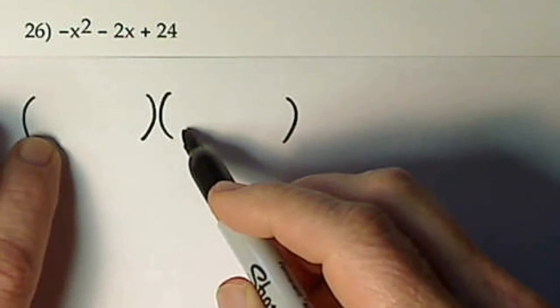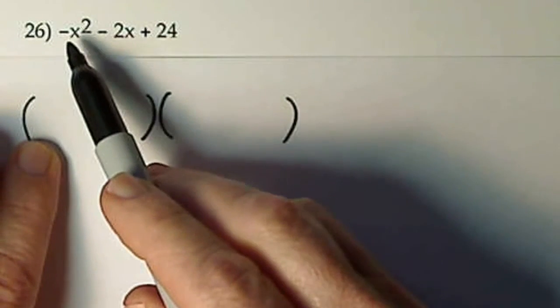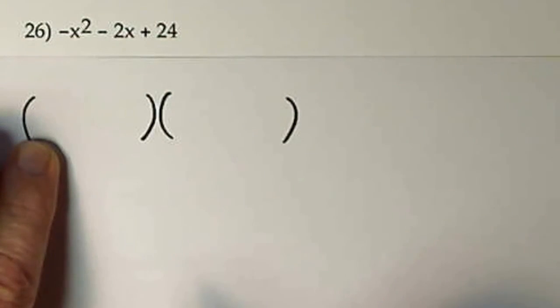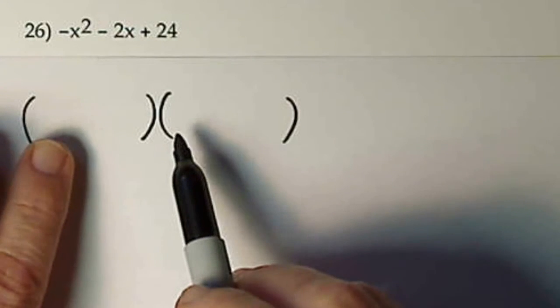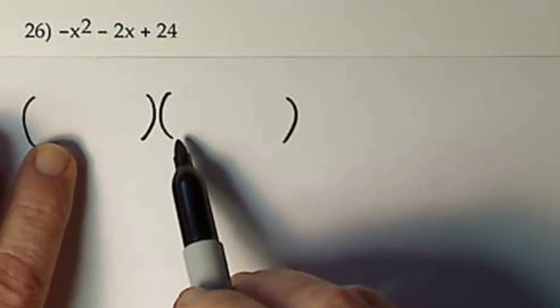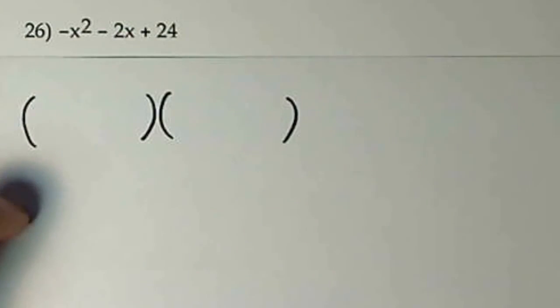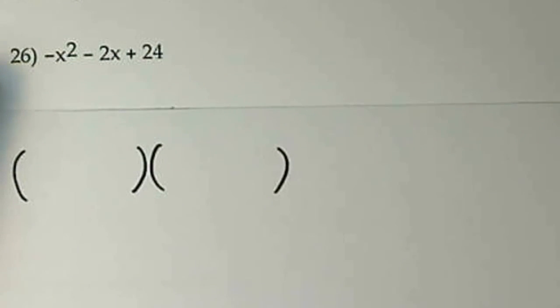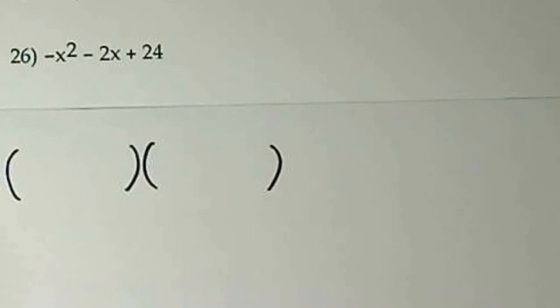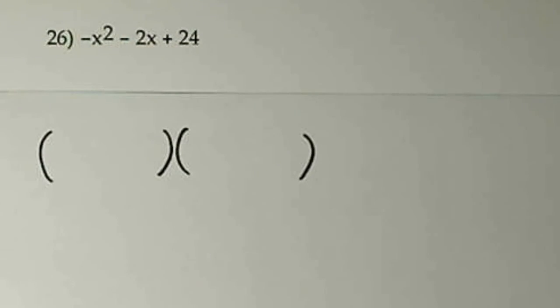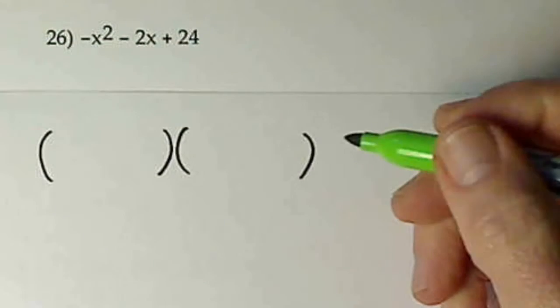But if I have an x and an x, that won't give me a negative x squared. So this step of the process becomes a little more confusing. So to avoid that confusion, the standard practice is if this first term is negative, simply factor out a negative 1 and then proceed with factoring.